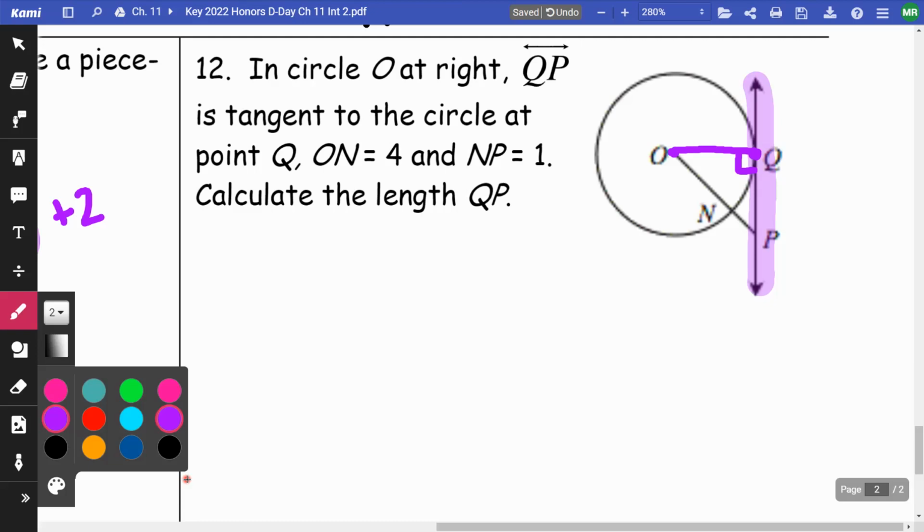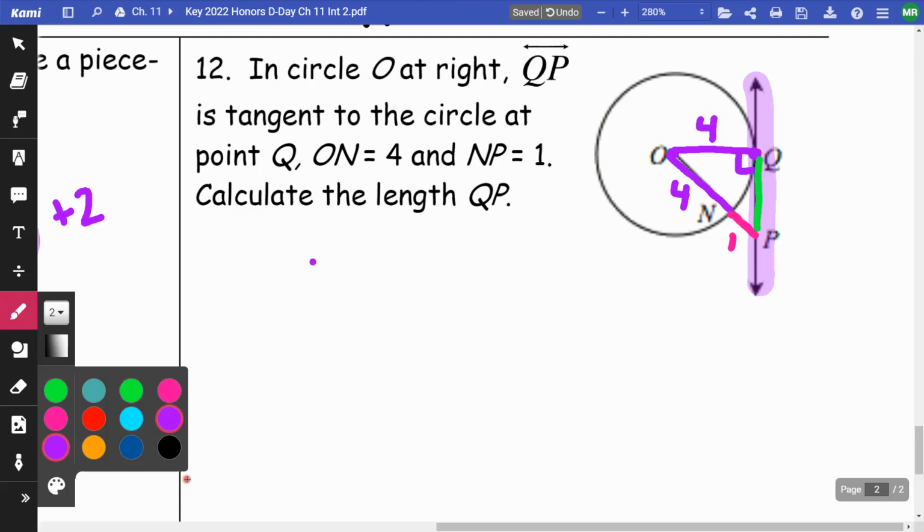I also know that ON is 4. So ON and OQ are both radii of this circle. So this is going to be a 4 and this is going to be a 4. I know that NP from here to here is 1. And we want to find QP.